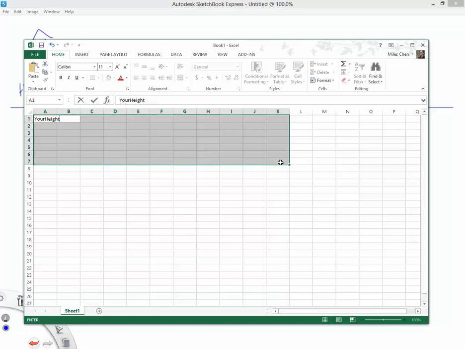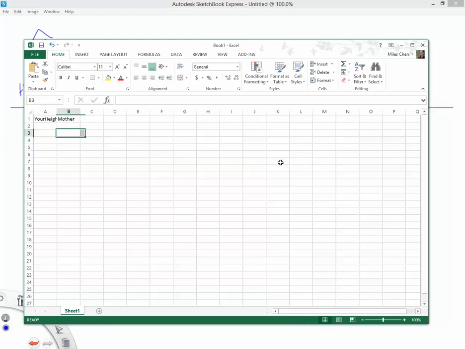I'll just write you and mother. I'm going to make up some numbers here. Let's say you are 64 inches tall and your mother was 66 inches tall. And then we ask someone else, how tall are you? And they say, I'm 60 inches tall and my mom was 59 inches tall. Does this make sense what we're doing?